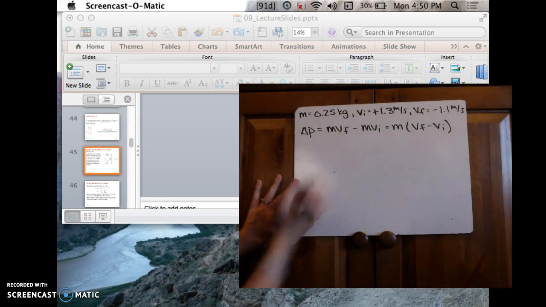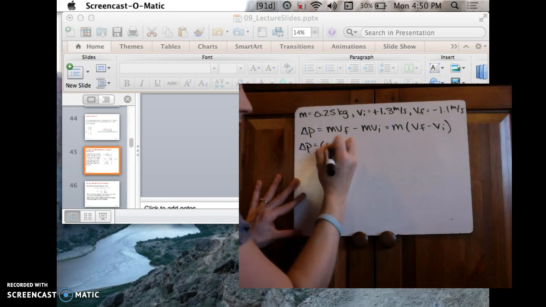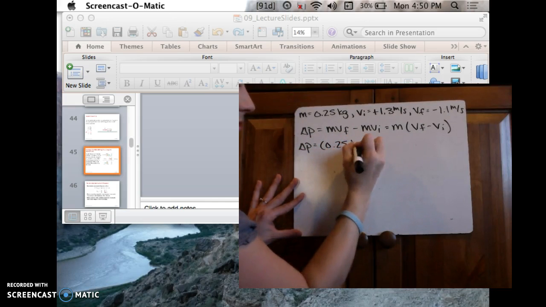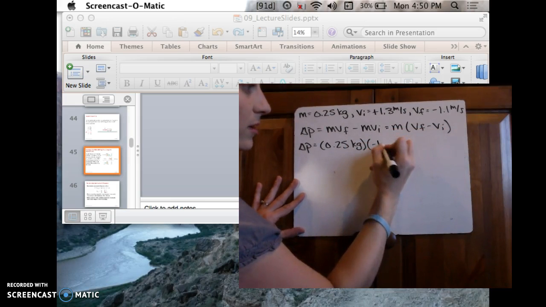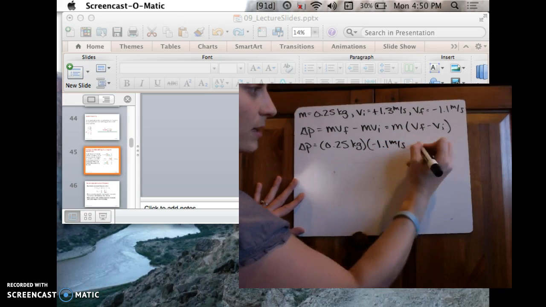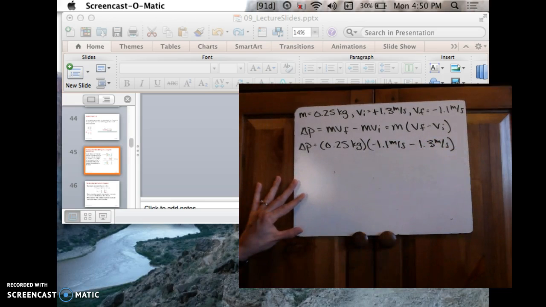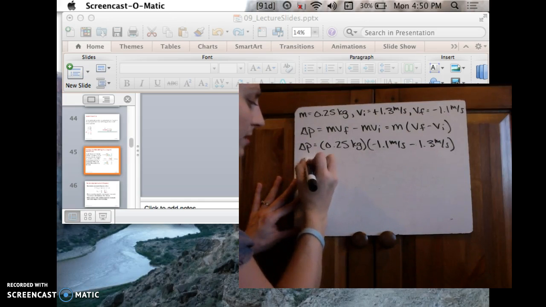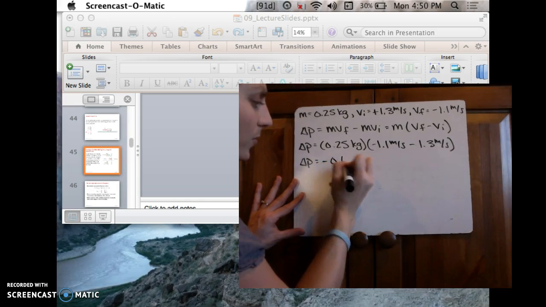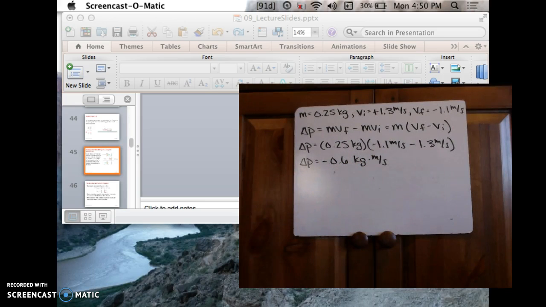All right, so filling in my givens, I have that my change in momentum is equal to 0.25 kilograms times v final minus v initial, so negative 1.1 meters per second minus 1.3 meters per second. All right, so I do all my math and I end up with my change in momentum is equal to negative 0.6 kilograms times meters per second.